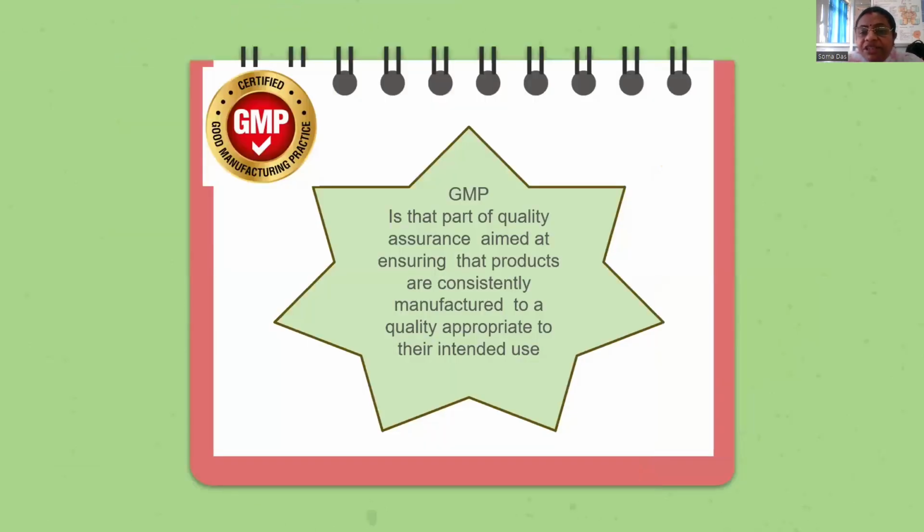So how do we define GMP? We can define GMP as that part of quality assurance aimed at assuring that products are consistently manufactured to a quality appropriate for their intended use. Again, what is quality? Quality means fitness for use.